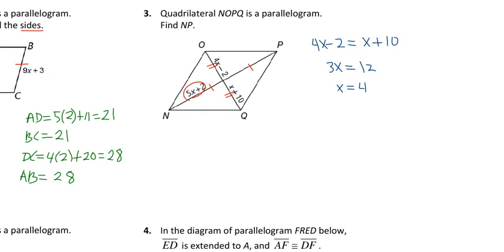So that will be 5 times 4, 20 plus 2, 22. So this part is 22, which makes this part also 22. And therefore NP would be equal to 44 because 22 plus 22 is 44.